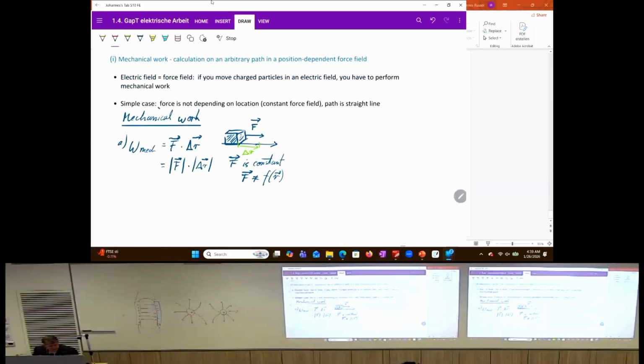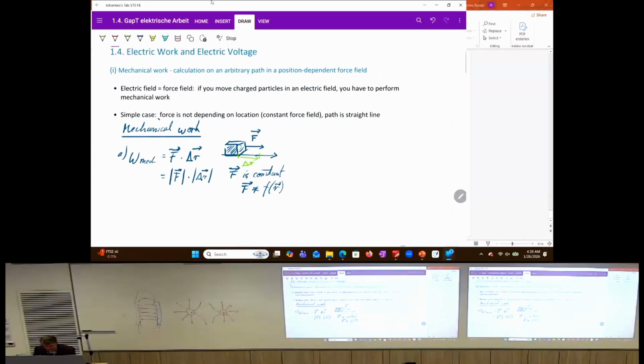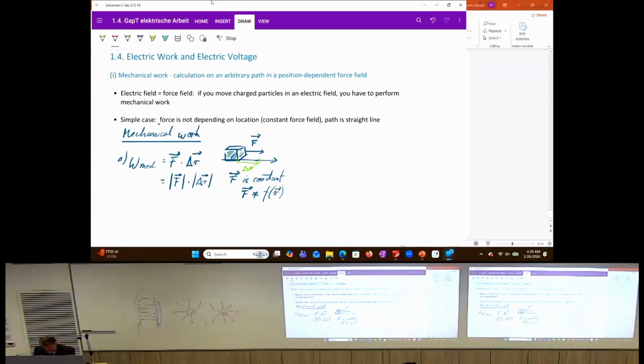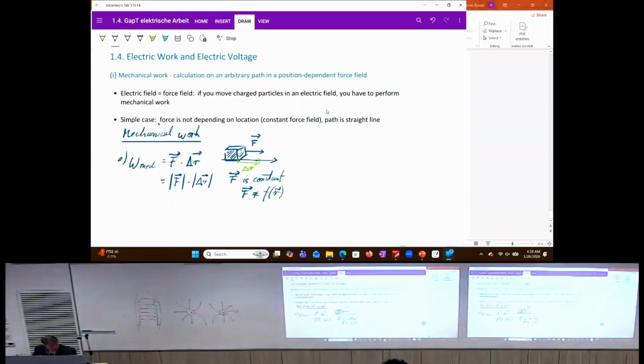But things might get a bit different when you have forces that are not aligned anymore with the direction of your motion, where you drag this body through the force field. You could have something like this. This is now the second case, and I draw it in red.